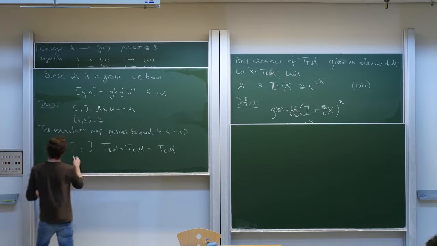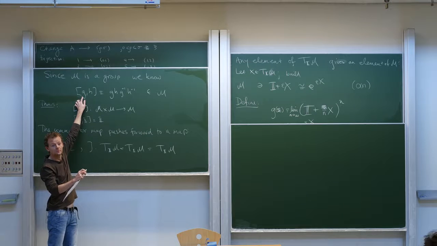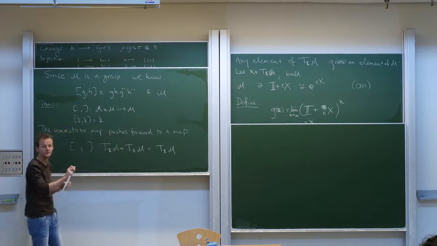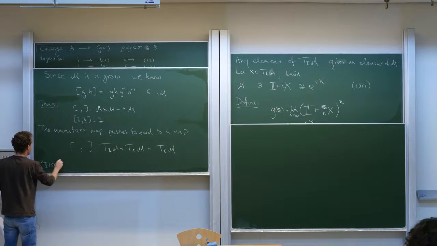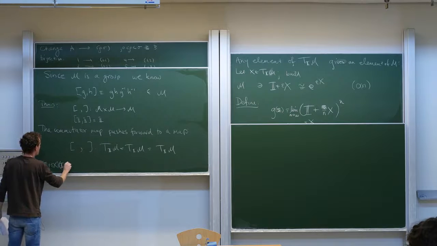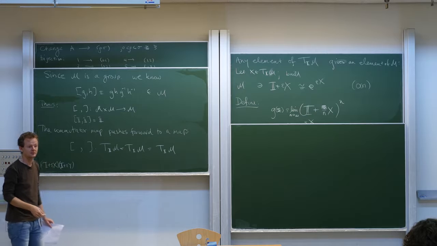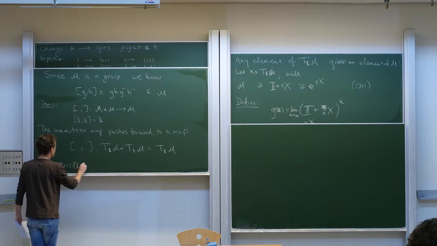All right, well, what you do is you substitute in place of G, I plus epsilon x, in place of H, I plus epsilon y, into that expression. Now the inverse of I plus epsilon x is identity minus epsilon x.